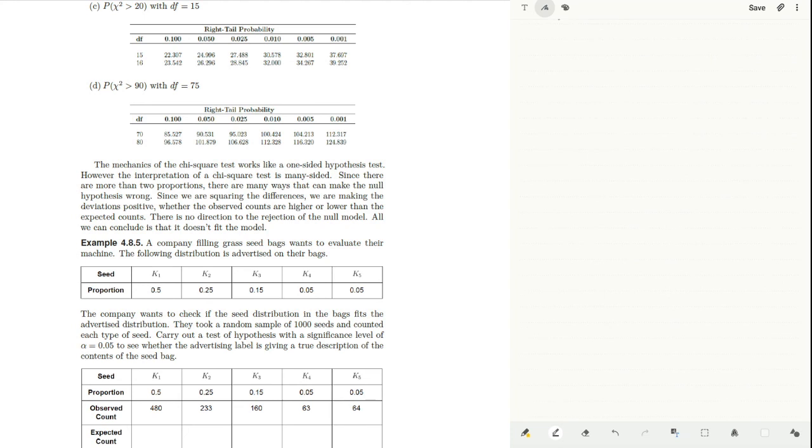So now we can calculate our test statistic. We have a chi-squared statistic where we take the sum of the observed counts minus the expected counts squared, divided by the expected counts.